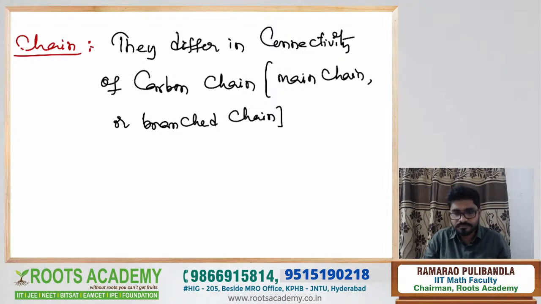They differ in the connectivity of carbon chain, maybe in the main chain or branched chain. That is called as chain isomerism. Main chain we can also call it as parent chain.